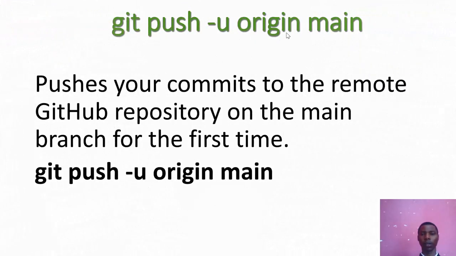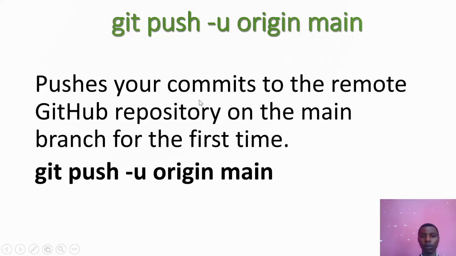So git push -u origin main pushes your commit to the remote GitHub repository on the main branch for the first time. So you remember, we have renamed our branch to main. First of all it was master, but we have renamed it to main.